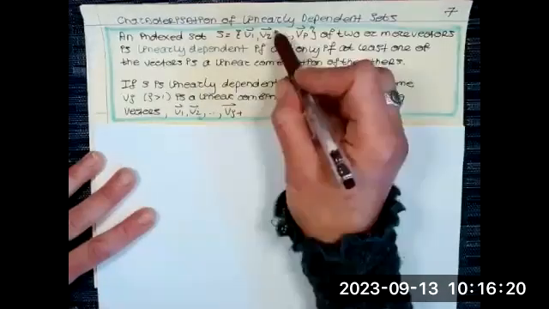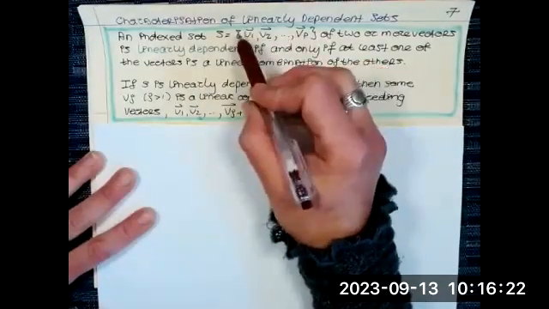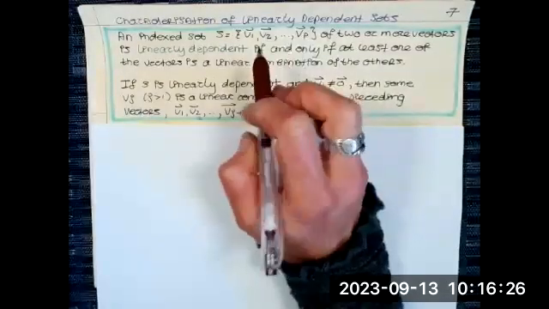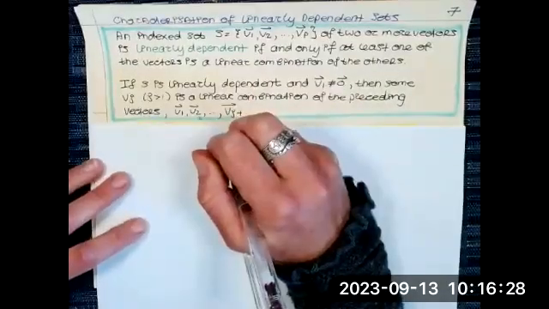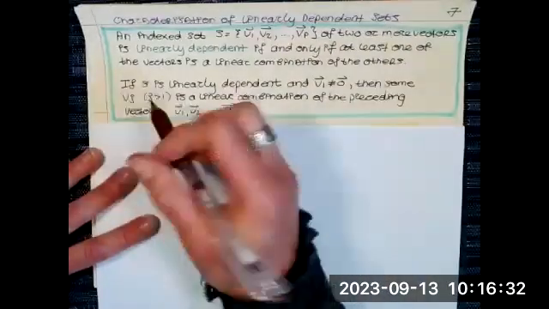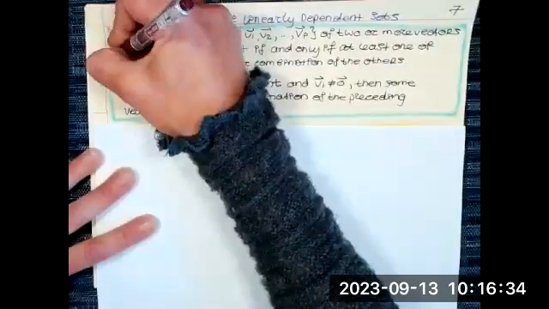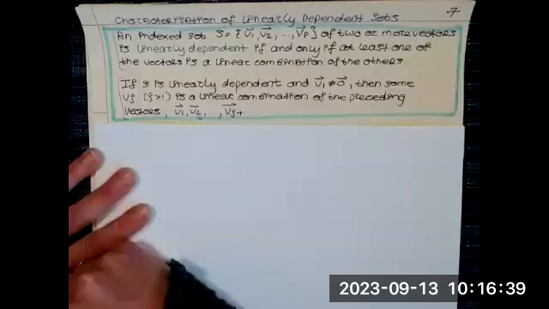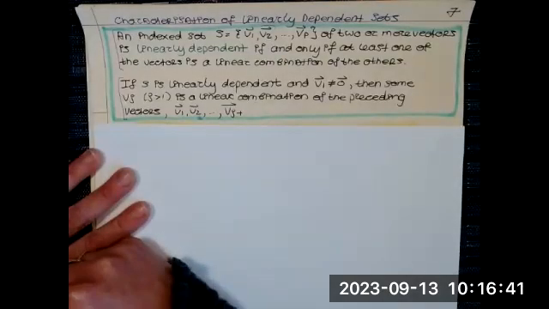Even if just one of the vectors is a linear combination of a few other ones in the set, then my set would be linearly dependent. We'll do some examples to dig into this concept. It's a little tricky to get at first, but once you get it, it's not that difficult.